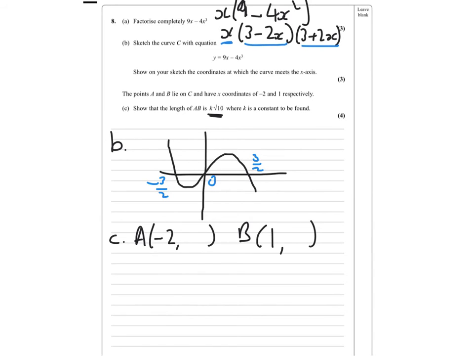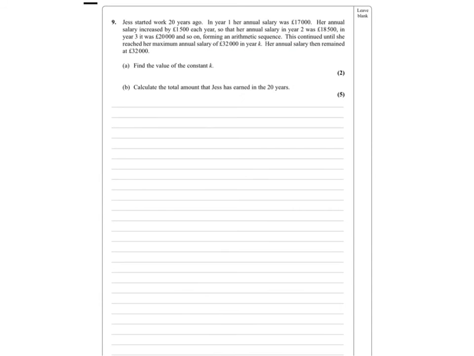Just substitute those values into this here, and we should get 14 and 5. You then use a bit of Pythagoras, difference in the x's, difference in the y's, and then you should be able to simplify that surd accordingly.